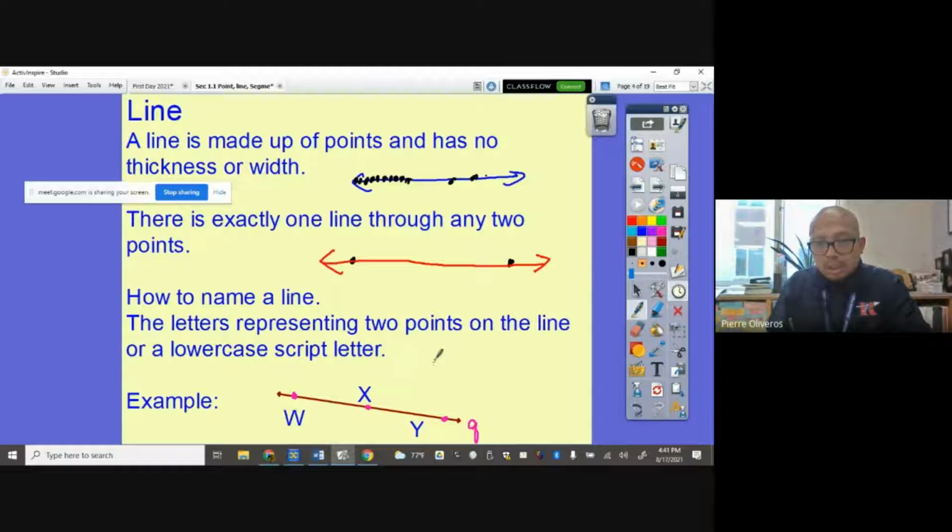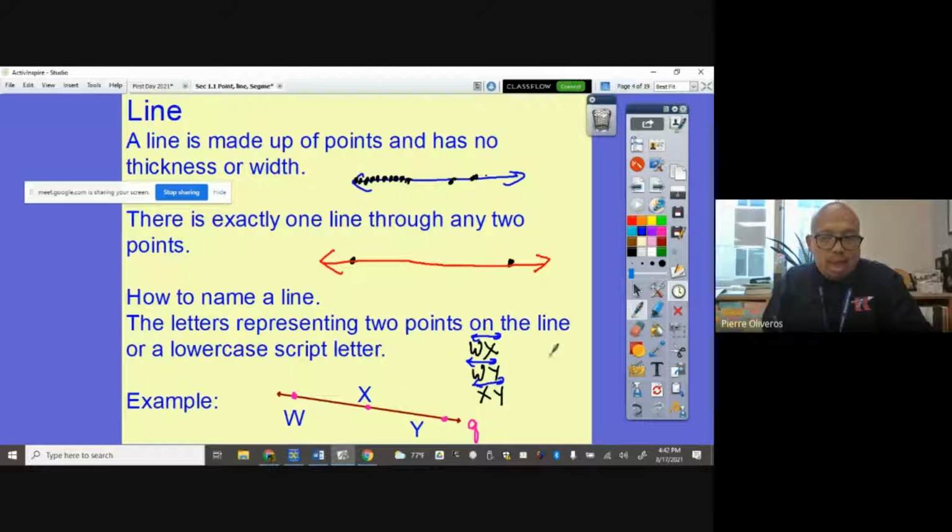This one can be said to be line WX, or line WY, or you can say line XY. Or instead of writing the word line, you can erase that portion and just draw a line on top of those letters. There should be only 2 letters when naming a line.